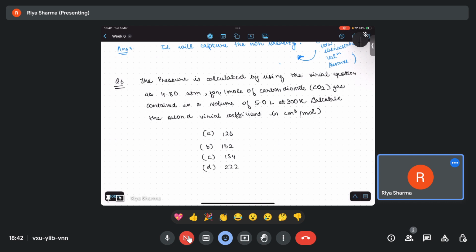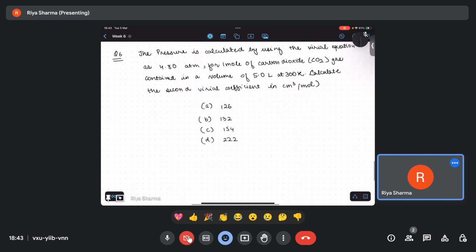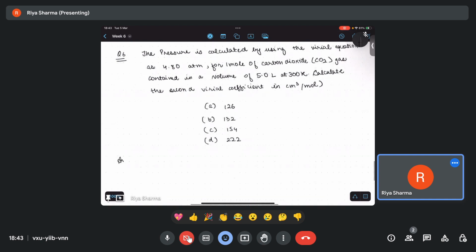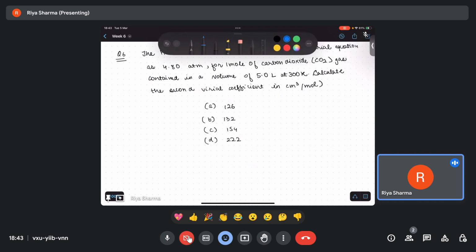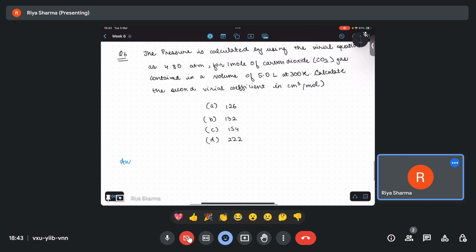I hope you must have tried something, and we'll start solving the question. The pressure is calculated by the virial equation as 4.8 for 1 mole of carbon dioxide contained in a volume.